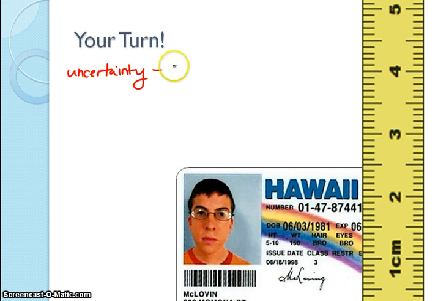You could go up or down, and so our measurement could be a little bit more than we thought or a little bit less than we thought. That's what it means to be uncertain. So this means we could be plus or minus a little bit, plus or minus 0.1, plus or minus 0.01. It depends on the precision of your measurement, your tool, your equipment.